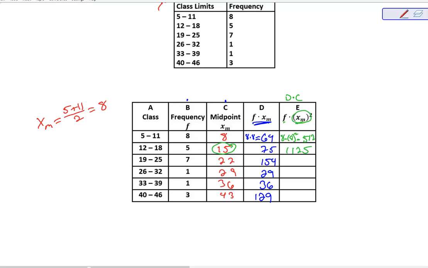Then 22 squared is 484. Multiply that by 7, that's going to be 3,388. 29 squared is 841. Multiplied by 1 is 841. And those should be 8s.